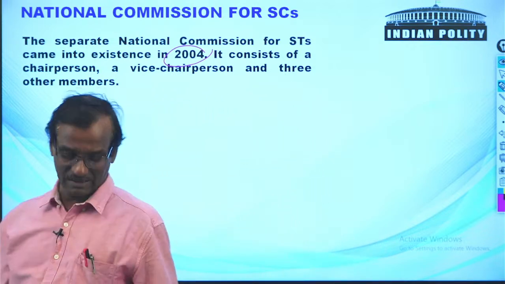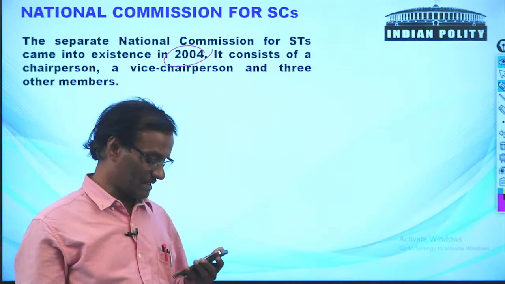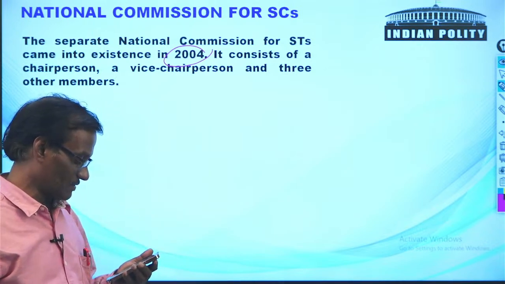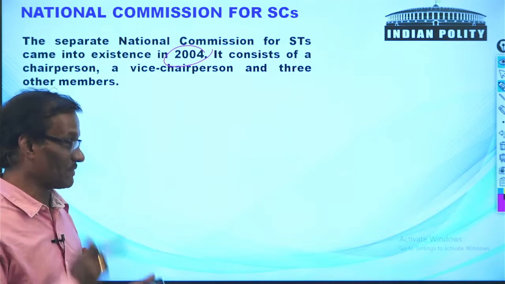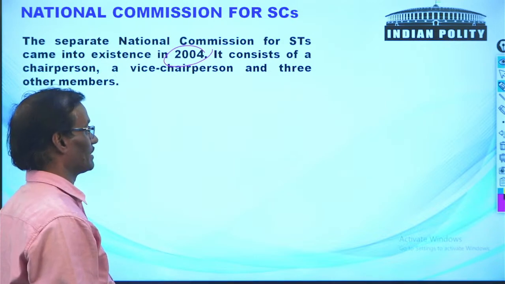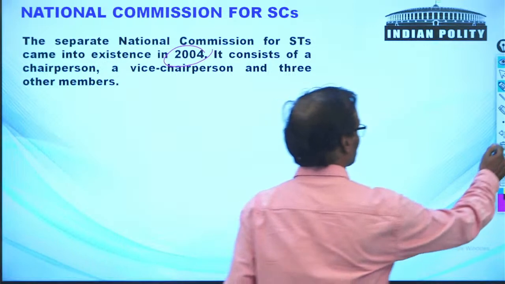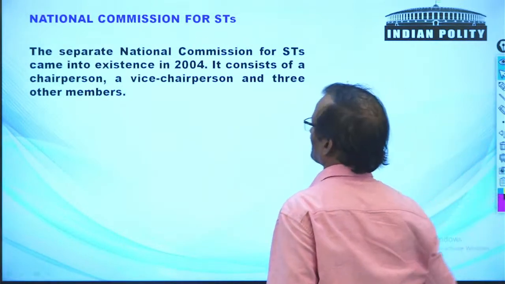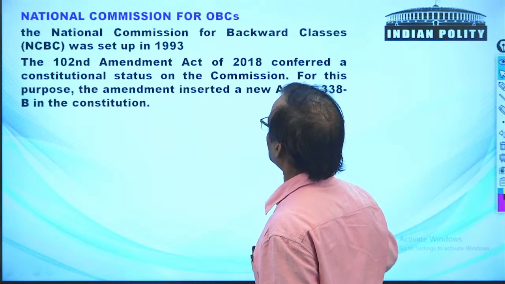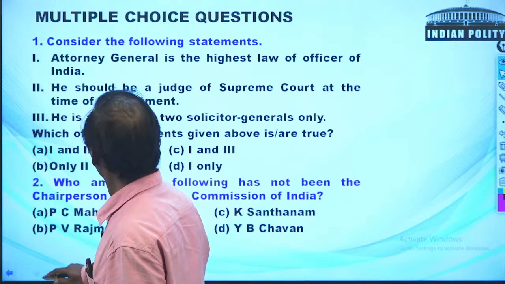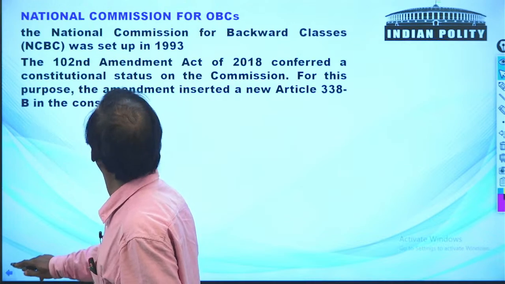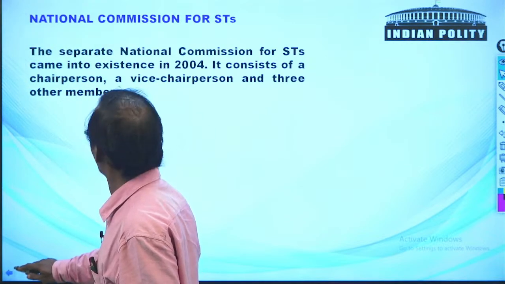Then the National Commission for SC and ST was established, and by the 65th Constitutional Amendment Act, they became constitutional bodies. And later, a separate commission came for the National Commission for ST.